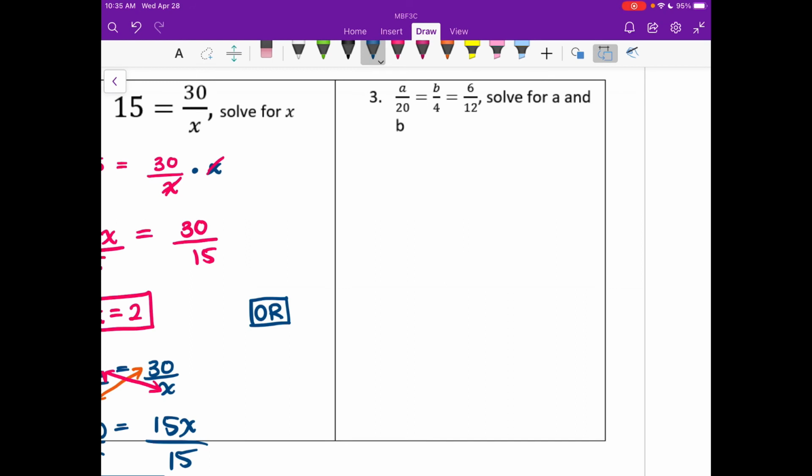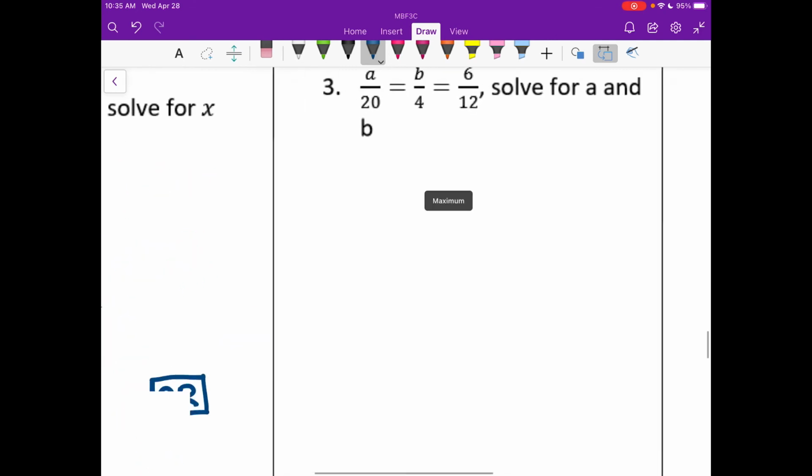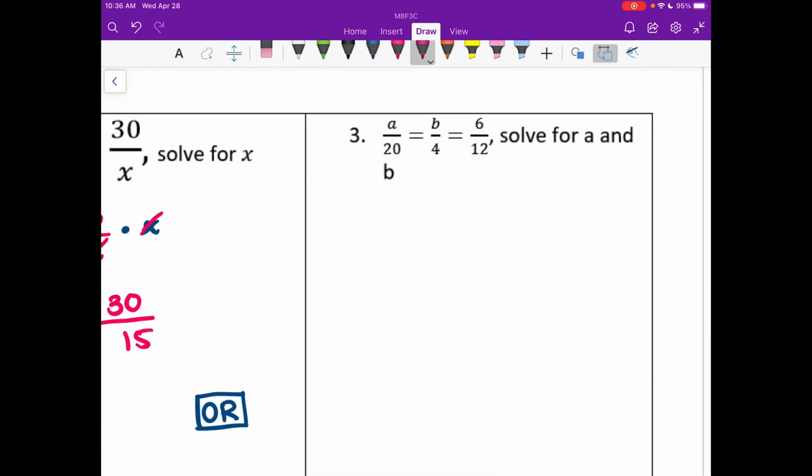So what we're going to do here is break this up even further, and I'm going to say, okay, a over 20 is equal to 6 over 12, right? I'm going to use cross multiplication. Again, I personally prefer that way, but whatever way you decide to do it is fine too. So I'm going to say, okay, a times 12 is going to give me 12a.